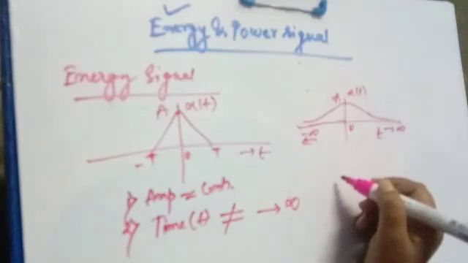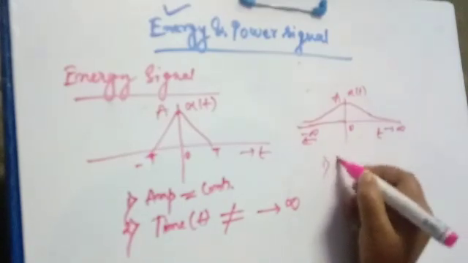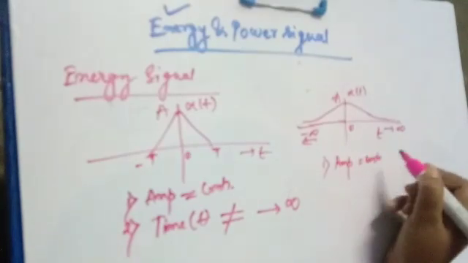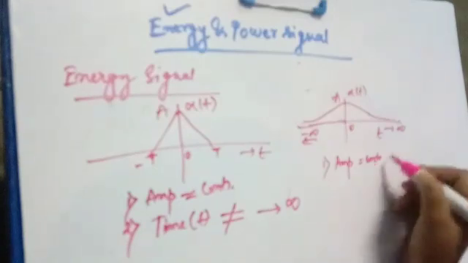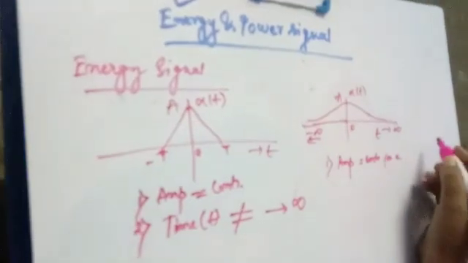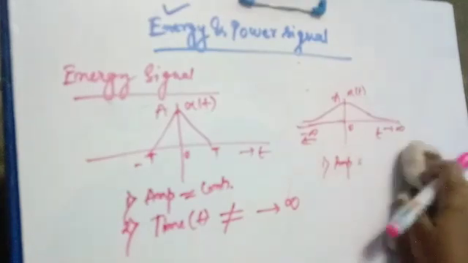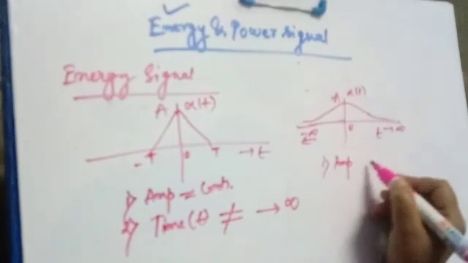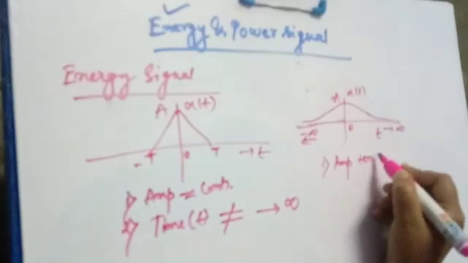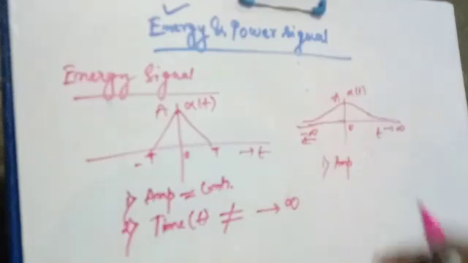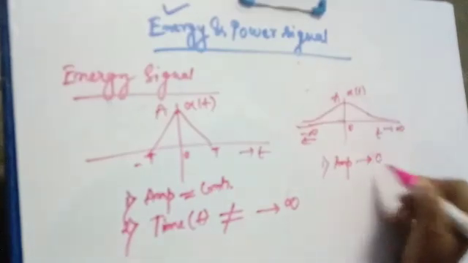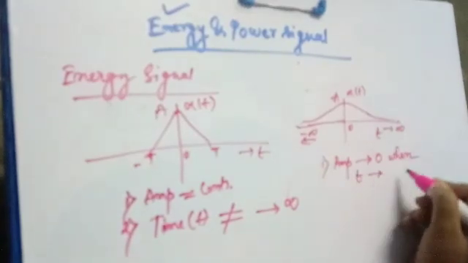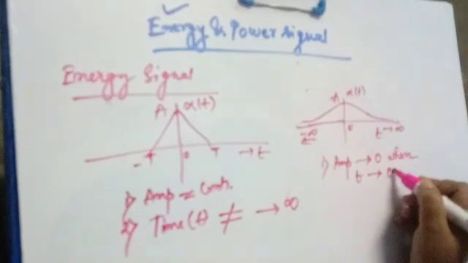So there is another condition for an energy signal. The amplitude is constant for a particular time interval, or amplitude tends to 0 when t tends to infinity.